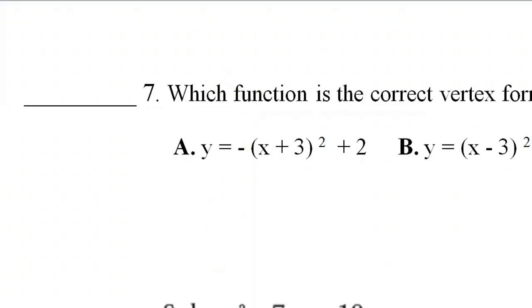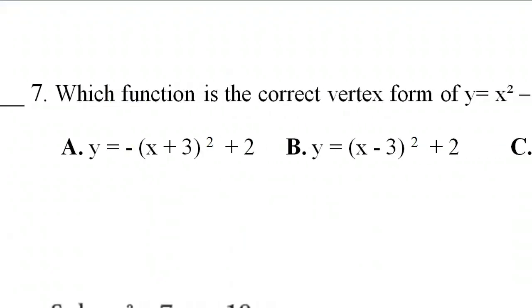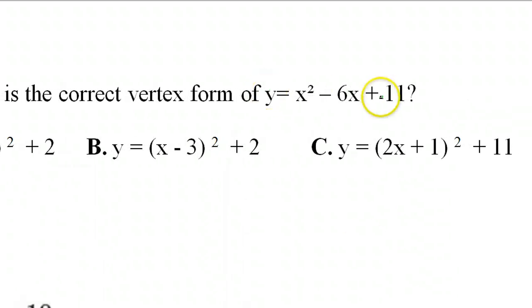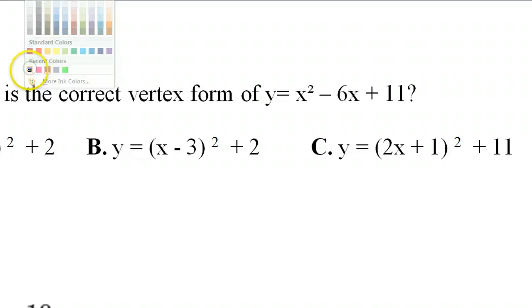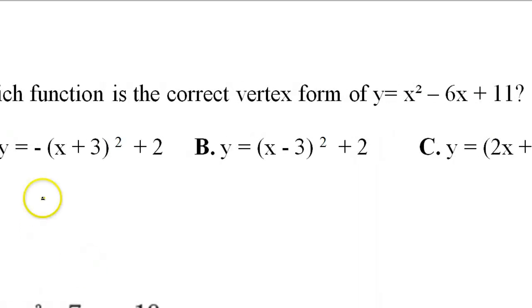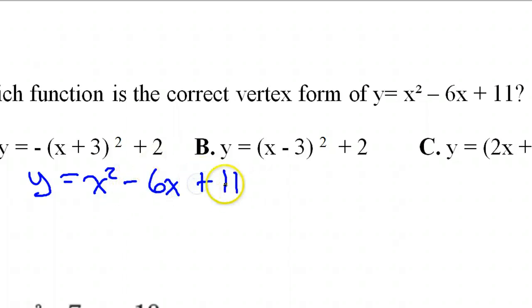Alright, number 7. Which function is the correct vertex form of this? Let's rewrite this in vertex form. Let me just recopy. We have y equals x squared minus 6x plus 11.